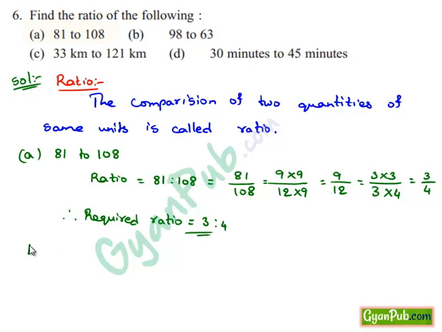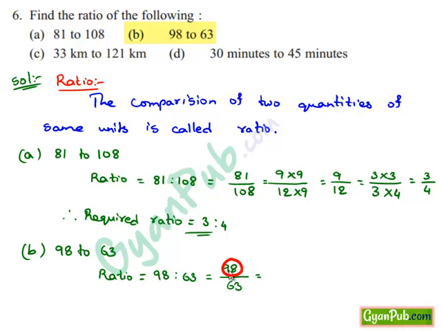Similarly, take down the second one, that is 98 to 63. Ratio is equal to 98 is to 63. This is equal to 98 upon 63.